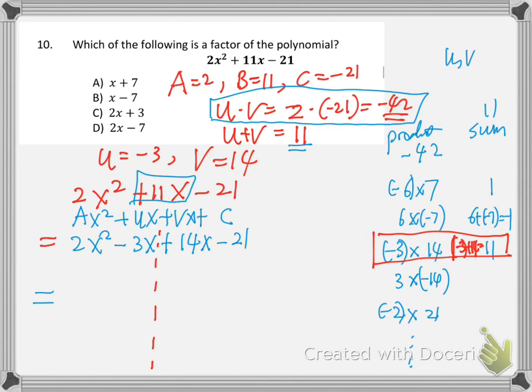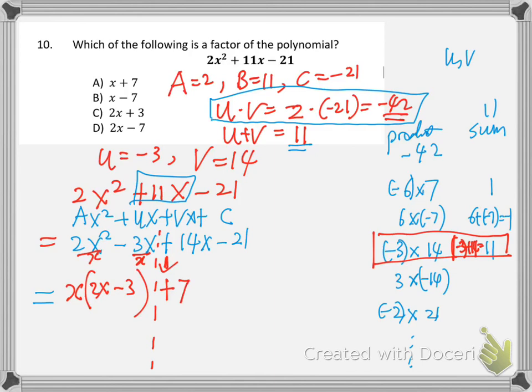So what's the GCF here? 2 and 3, no common number. Common letter x. So this divided by x, we got 2x. That one divided by x, we got negative 3. So that's the first GCF, x. And these two numbers, we use this sign. Positive sign here, the leading sign of the second group. 14, 21, we have 7 as common number.